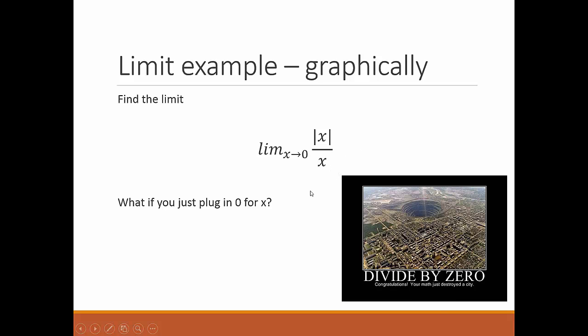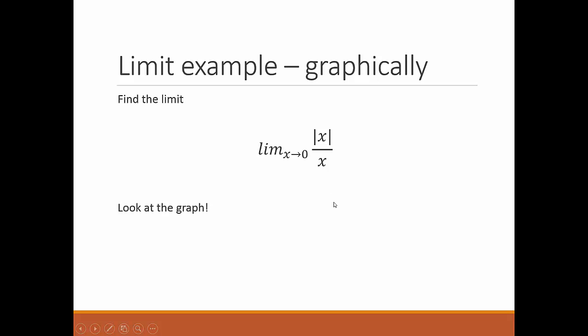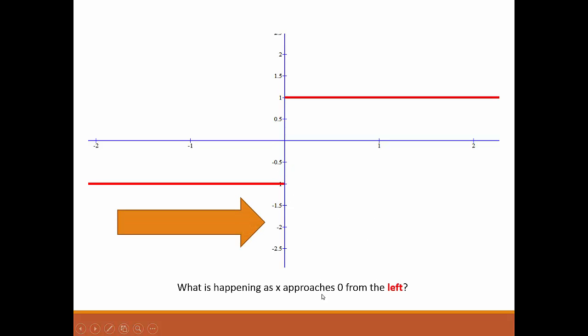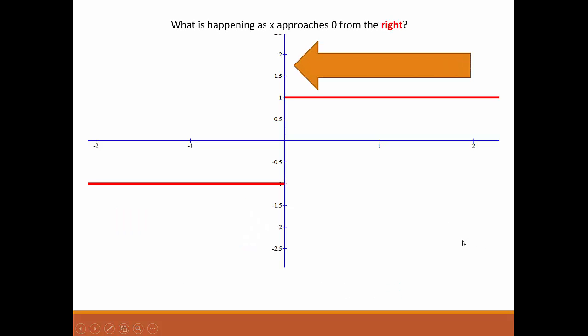So this is the part that's important with limits. Well, what if I get close to 0? Really, really close. Well, let's check out what the graph looks like. If I look at the graph, I can see that it's split, and it actually has a jump here. So what's happening as x approaches 0 from the left, and what's happening as x approaches 0 from the right?